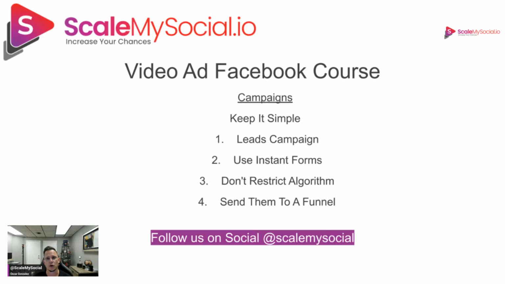Who is your avatar? Who are you really looking for? The more restrictions that you create within your audience, the more difficult it's going to be for the algorithms to find you those conversions. If it's more difficult, it just costs more money. So plain and simple, keep it simple. Send them to a funnel.